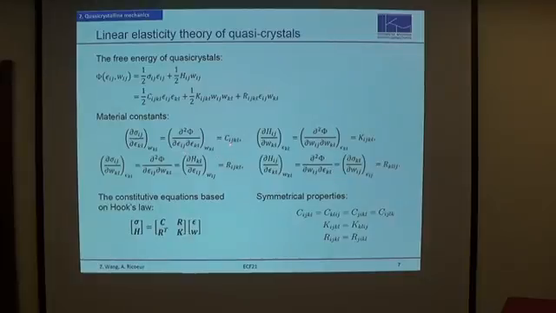We have the material constants, for example, C and K are the phonon and the phason elastic tensors, and R is the coupling tensor. Especially this R does not have major symmetry because this w_ij, the phason strain, is not symmetric. The indices are not exchangeable.